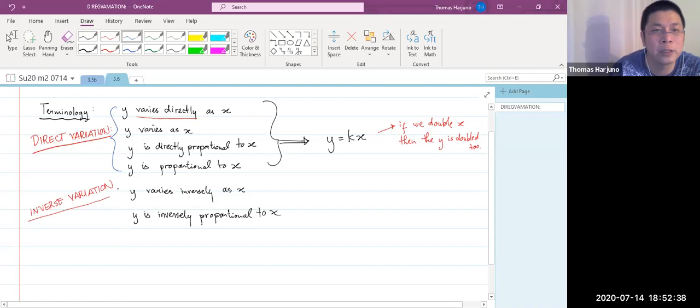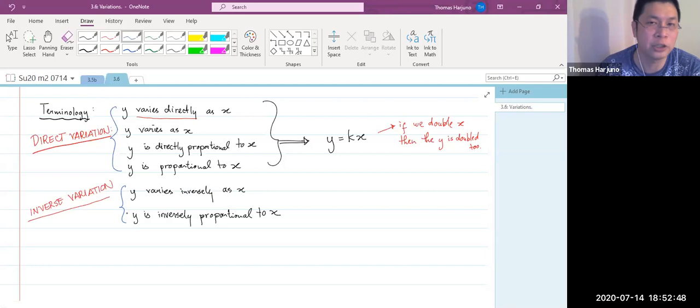Only two phrases to pass. They have to use the word inversely when it is inverse variation. They don't need to use the word directly if it is direct variation.